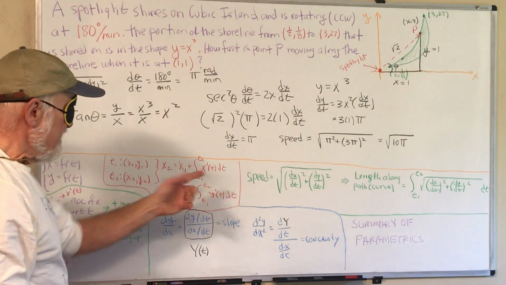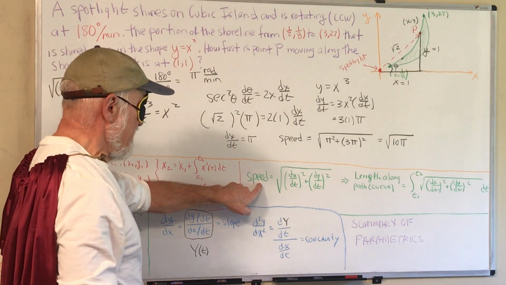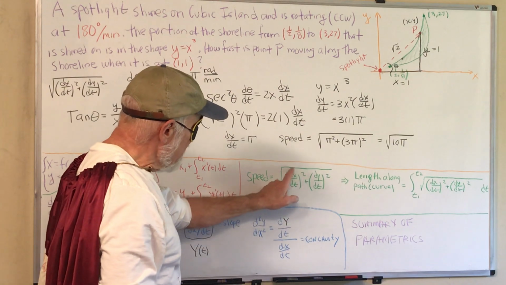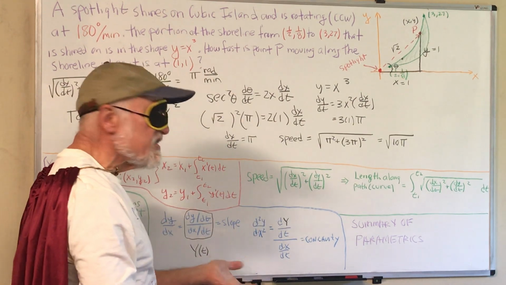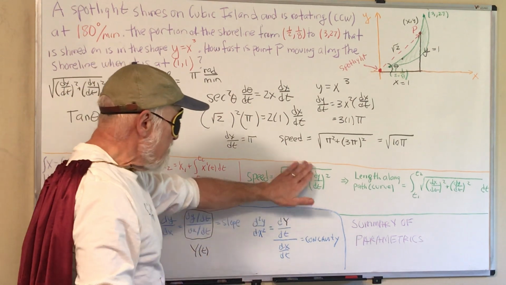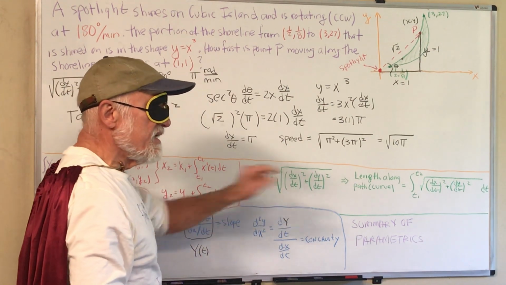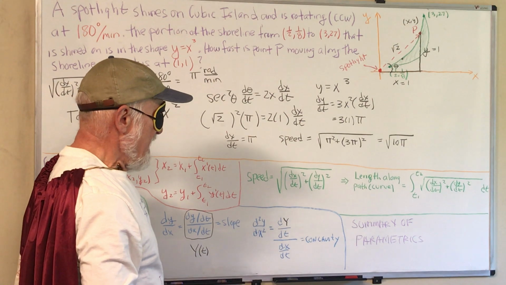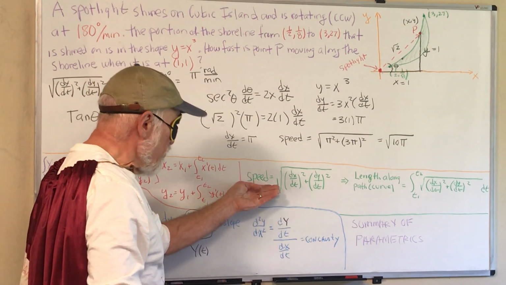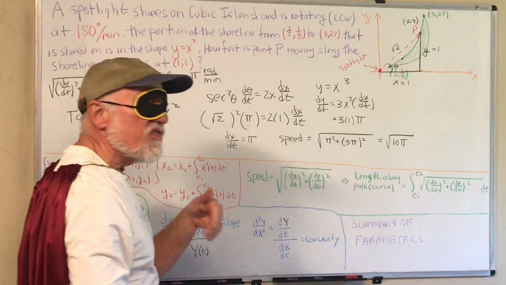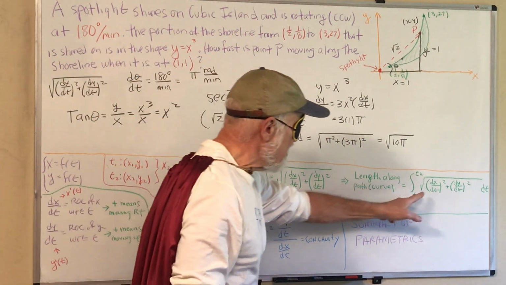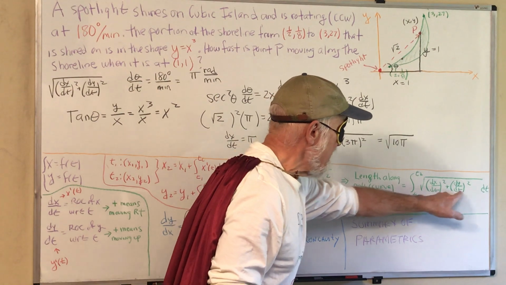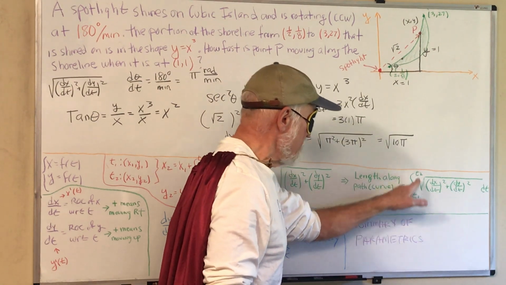Also, we can find the speed at any time. Basically, the speed is putting the rate of change in the x direction and the rate of change in the y direction together and adding them up in the proper way. And if you know the speed, you can find the length along the curve from one time period to the other by taking the length is equal to the speed times the time, from this time to this time.